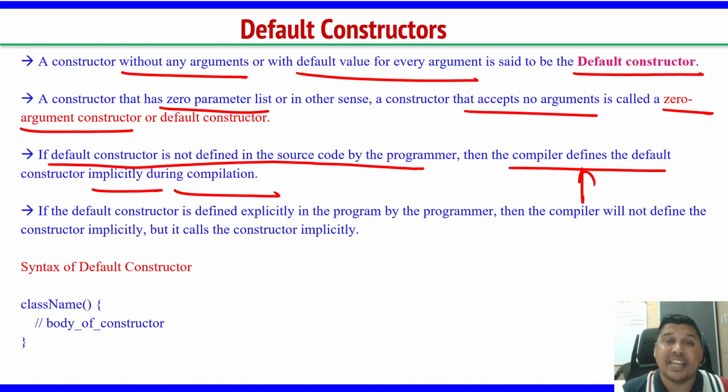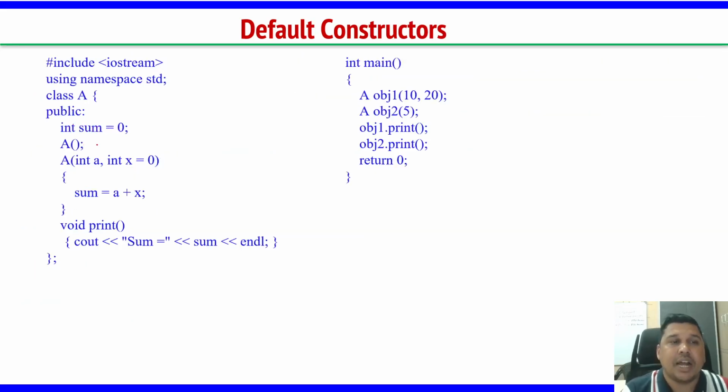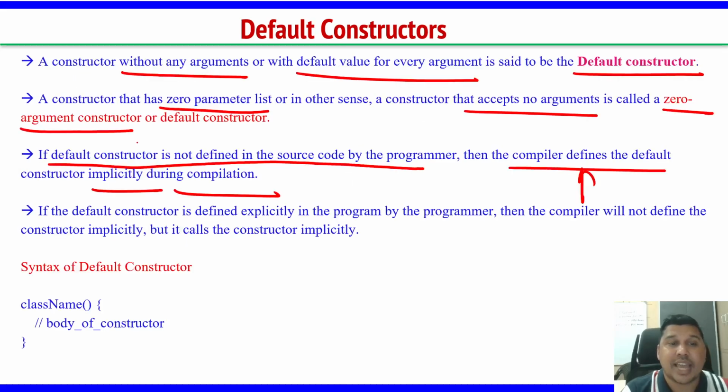What will happen if I define it manually? Maybe this is one example. I have defined a constructor here. We are saying that if you are not defining it, the compiler is by default creating it and executing it. But if you define it, the compiler will not do anything. It will not implicitly create a constructor.